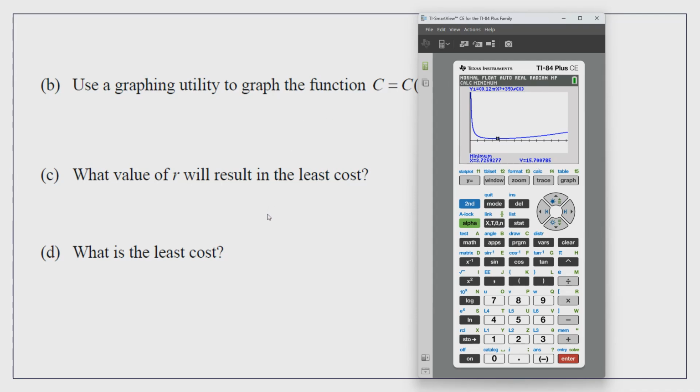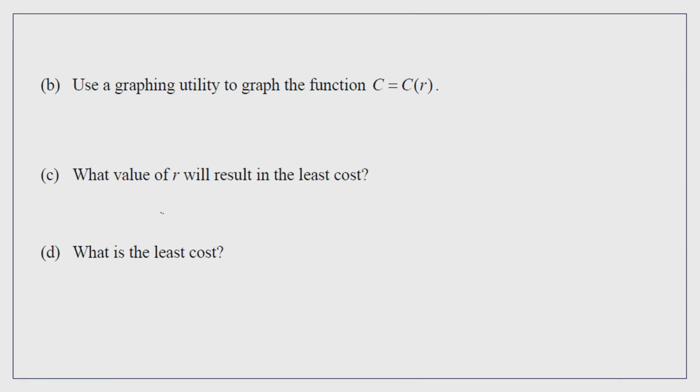Okay, so to answer our question then, all right, the cost is least for a radius of 3.73. Okay, and that's for r, and r is in centimeters.